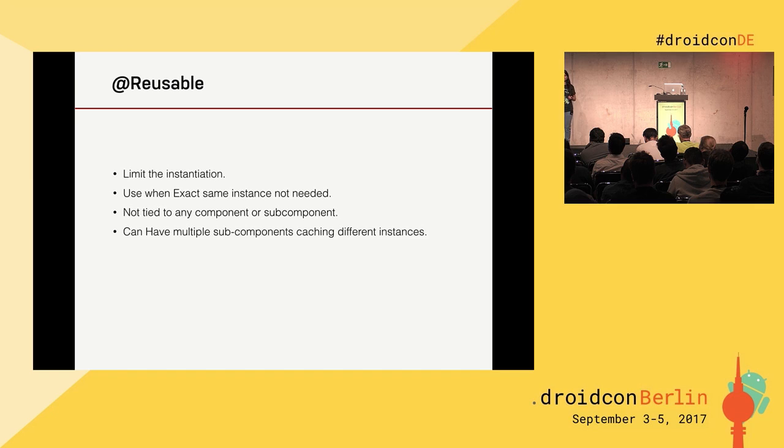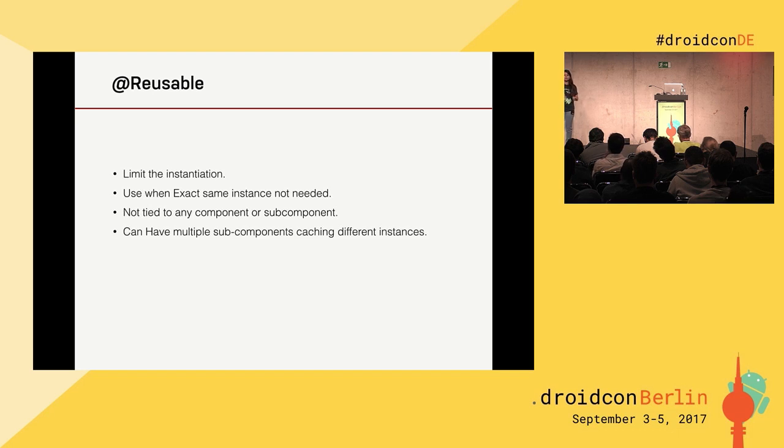The thing to note with reusable is that it can have multiple subcomponents caching the value. For example, a dependency which is needed and used for the first time in some subcomponent, that subcomponent is responsible for caching that dependency. If there is some other subcomponent that doesn't know about that dependency, that subcomponent is going to cache this value again.